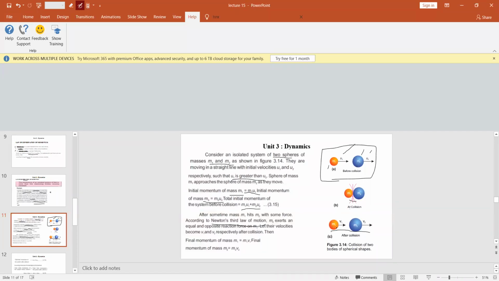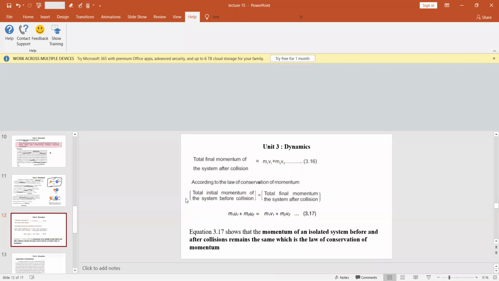The velocity of M1 will now be V1, and the velocity of M2 will now be V2, right? So we can write their final momentum. Final momentum of mass M1 is M1V1, and final momentum for mass M2 is M2V2.